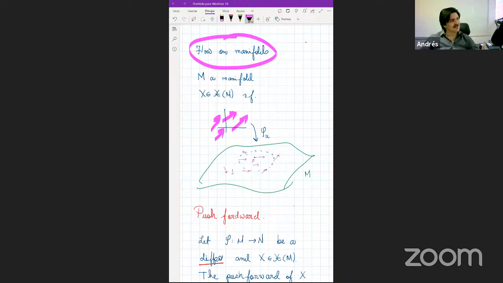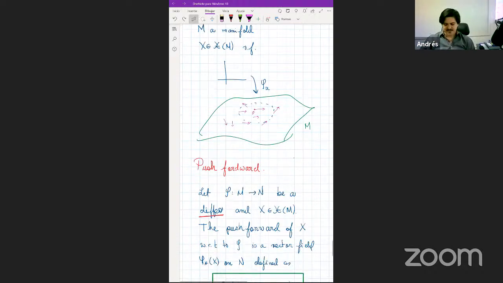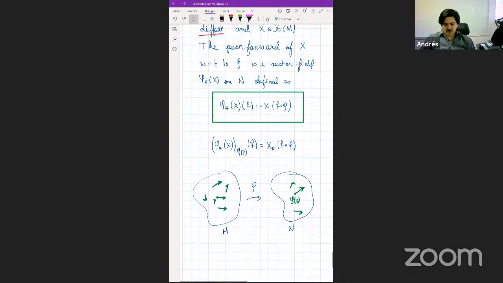On Rn, I define the flow and I move back to M using this. The same idea that we have used before. We always go to Rn or Euclidean space to do what we know how to do and then come back to the manifold. Great.